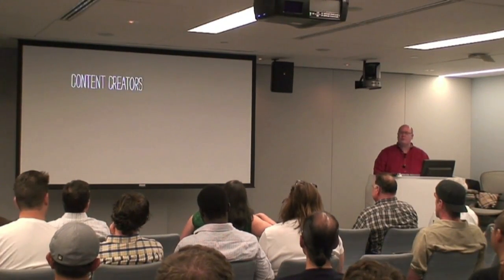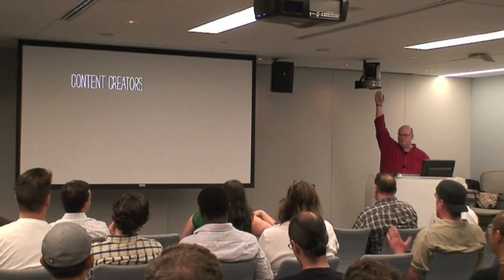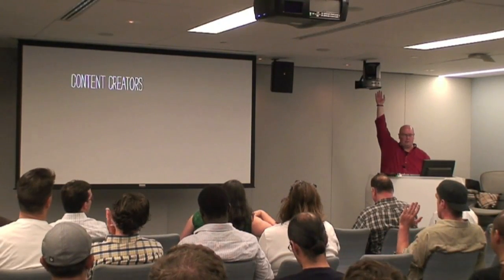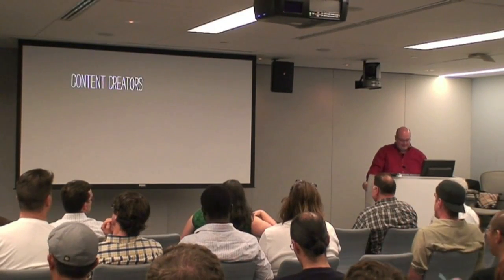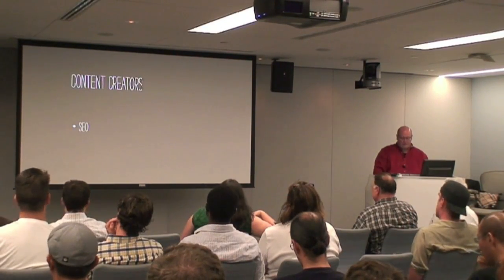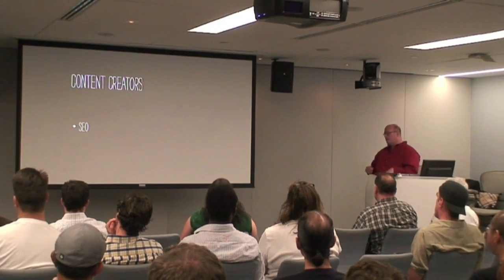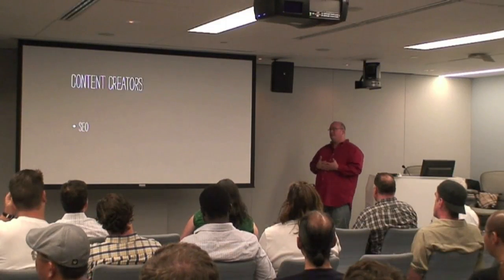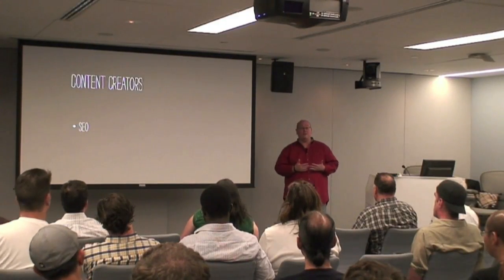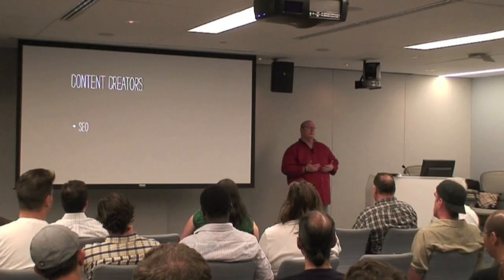Who here creates web content? I think every hand should go up. One of the things that we're looking at in the future is that HTML5 holds the potential of increased search engine optimization through semantic naming.